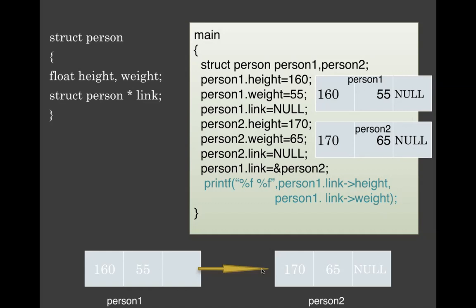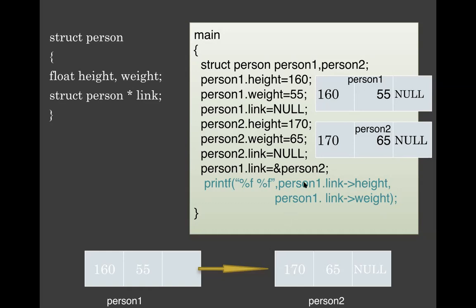Now, I wanted to print 170 and 160 and 65. How do I do it? Person 1 dot link, arrow height. What is person 1 dot link? Person 1 dot link is going to hold the address of person 2.